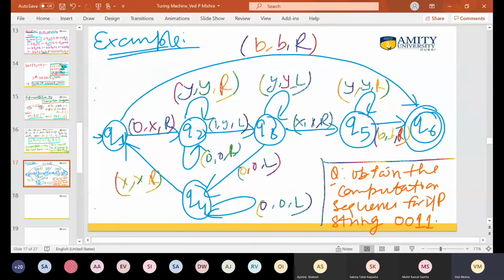So you have this transition diagram and you have to find the computation sequence for 0011.